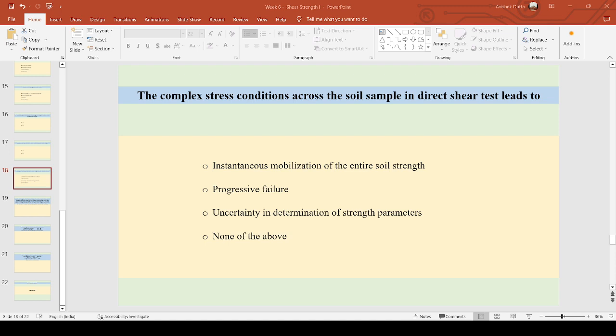In this question also, it needs to be answered. If one is correct, then what is the significance of the other two options? What is the meaning of the other two options? And whether or not they have a significant relation with respect to the direct shear test. This also needs to be answered.